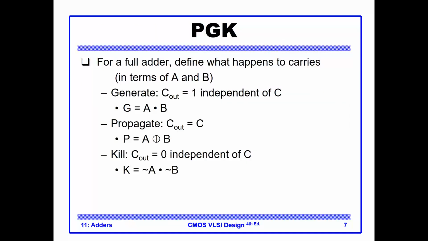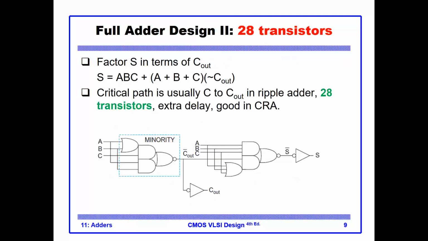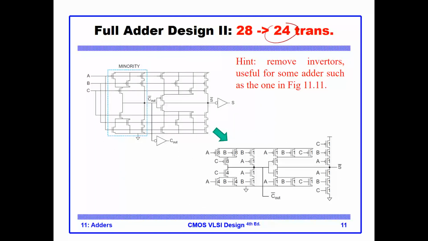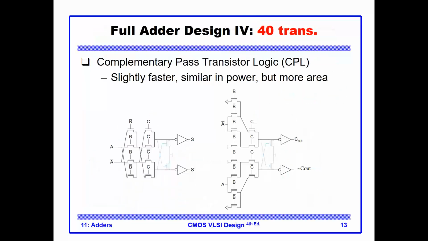Then we said, let's do a little bit of optimization, 32, a bit more optimization, 28. If you don't need the inverter, we can drop it to 24. Then we have seen the 24 transistor design using transmission gate. We went to pass gate for up to 40 transistors, but we generate the function and its complement.